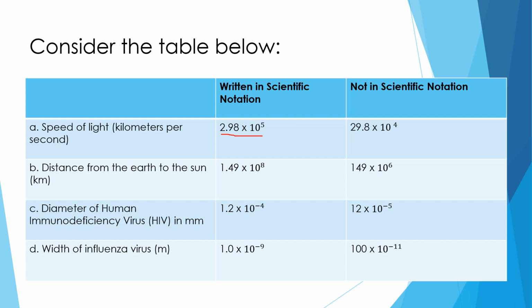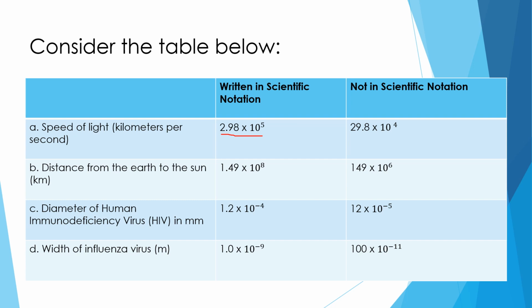Distance from the Earth to the Sun in kilometers is about 1.49 times 10 raised to 8. The 8 is the exponent, and this is the base of 10. And 149 times 10 raised to 6 is not correct. The diameter of human immunodeficiency virus or HIV in millimeters is 1.2 times 10 raised to negative 4.